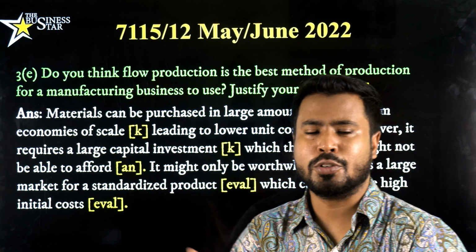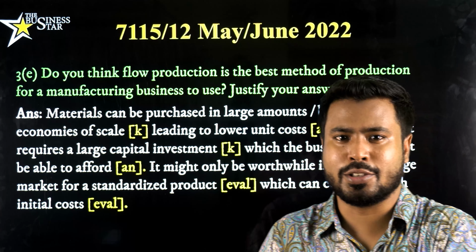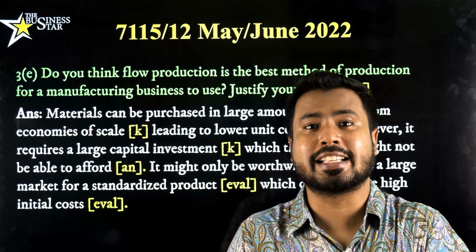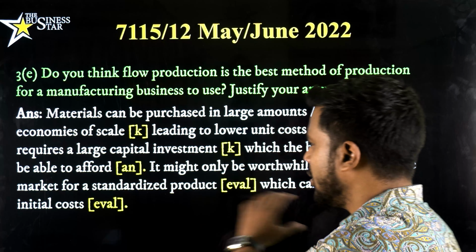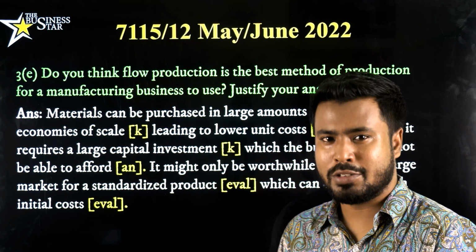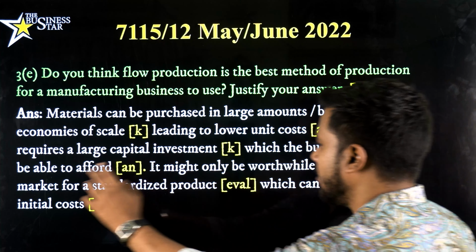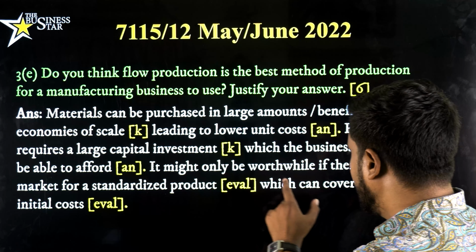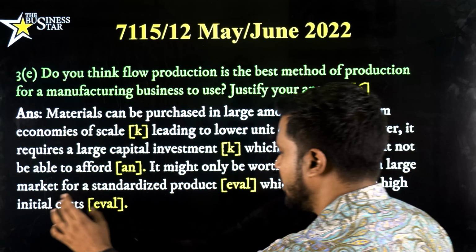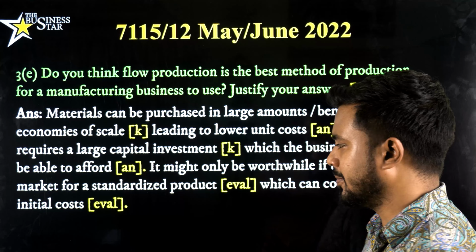So we know that when a business is introduced using flow production, it is very expensive. So the business might not be able to afford it. So moving on to the evaluation part, which is it might only be worthwhile if there is a large market for a standardized product which can cover the high initial costs. This is another evaluation.